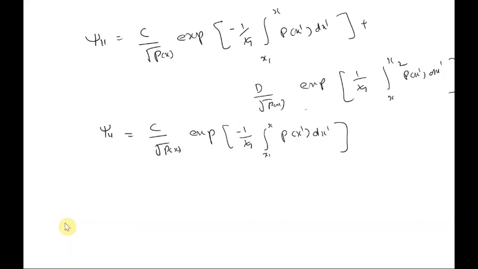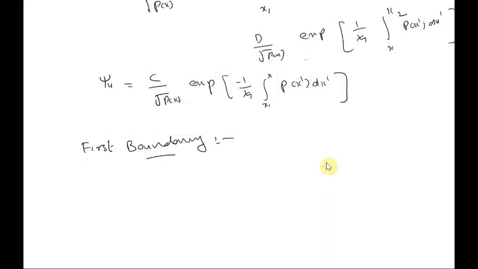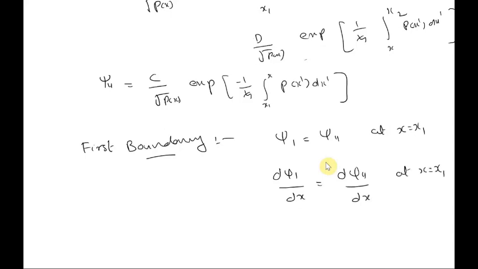So in the first boundary, the wave function psi1 has to be continuous, has to be equal to psi2 at the boundary x equal to x1, and dou psi1 by dou x has to be equal to dou psi2 by dou x at x equal to x1.